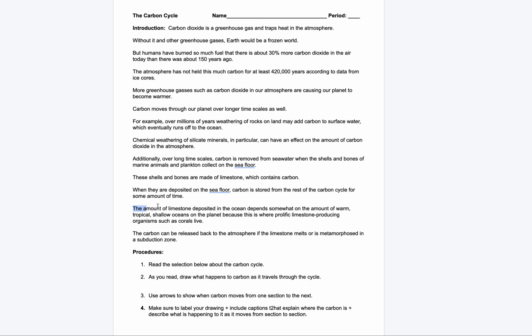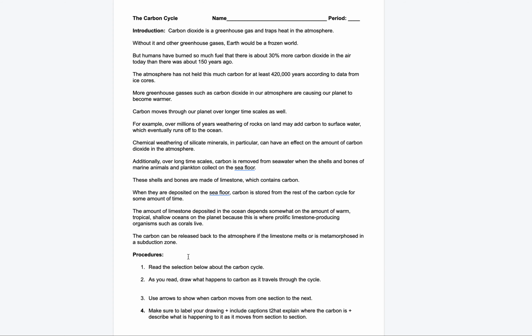The amount of limestone deposited in the ocean depends somewhat on the amount of warm, tropical shallow oceans on the planet, because this is where prolific limestone-producing organisms such as corals live. The carbon can be released back to the atmosphere if the limestone melts or is metamorphosed in a subduction zone, which is a sinking zone, a sinking plate.